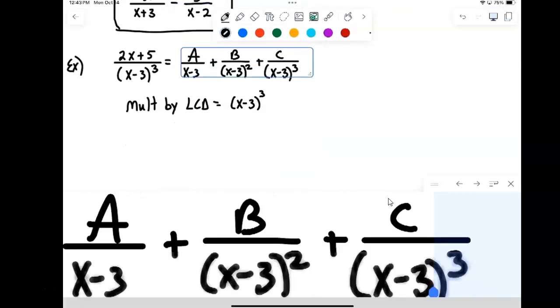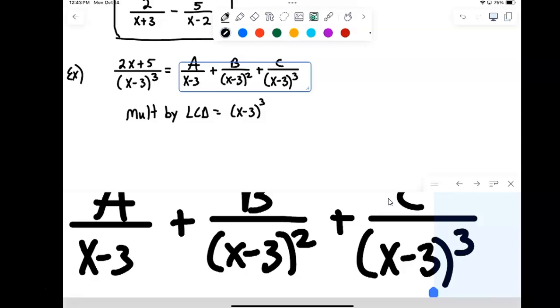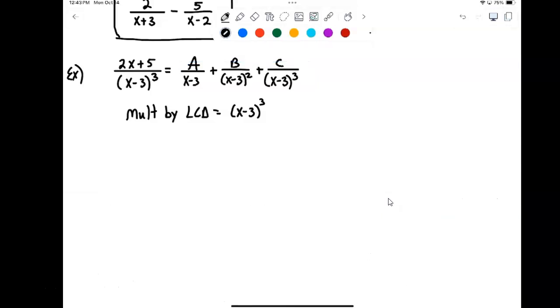Now, the reason, again, that we're doing this is because if we were asked to integrate something like that, then the 5 over, you could do easily enough. A constant over the cube is easy enough. The 2x would be a little bit of a messy thing to deal with using normal substitution.